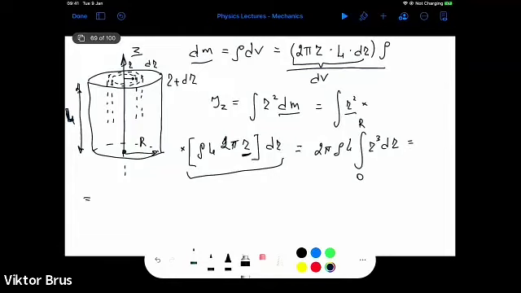This will be equal to 2 pi rho L times r to the fourth power divided by 4, from 0 to capital R, equal to 2 pi rho L r to the fourth power divided by 4.